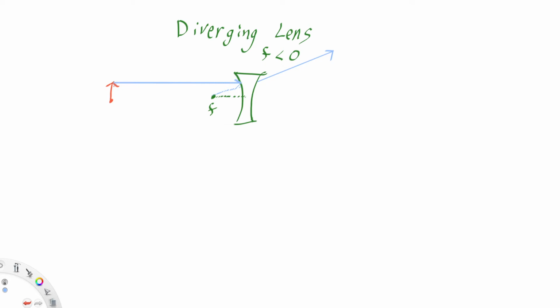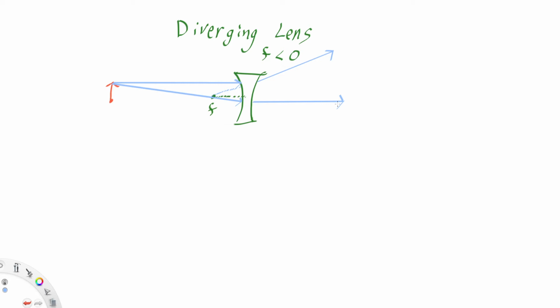And if the ray of light actually does go through the focal point, it comes out parallel to the axis. Right, so the rays that come out of a diverging lens never meet.